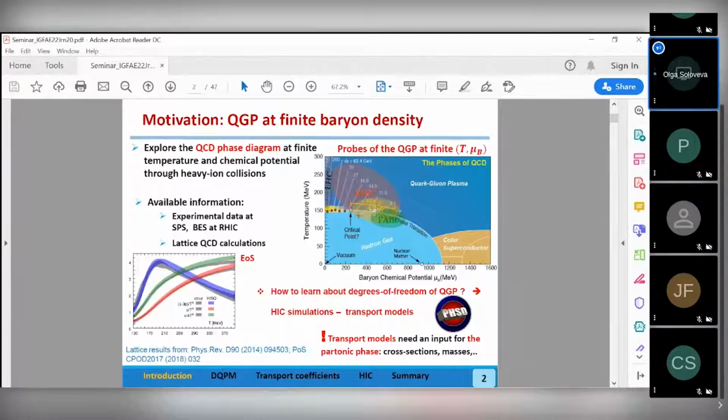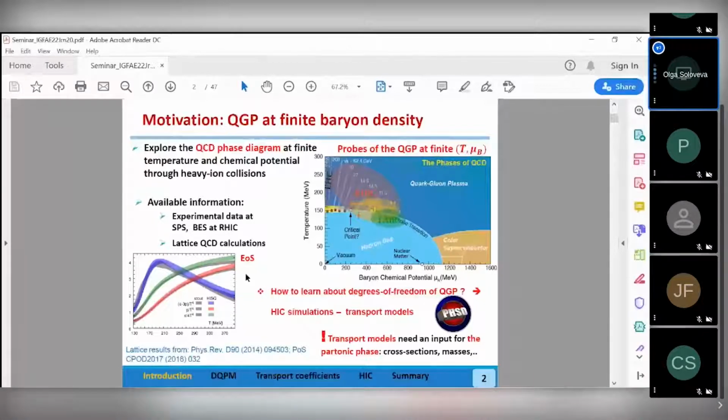And actually, what lattice QCD calculations can provide is mostly the equation of state, which is a macroscopic description of the matter, while for heavy ion collision simulations we need microscopic properties, such as cross-sections or effective masses and potentials, which are essential for understanding what is going on.